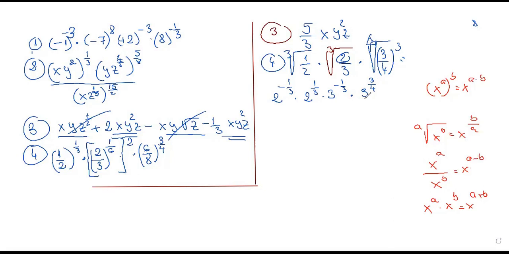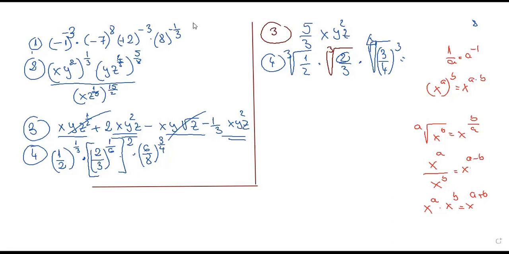Wait, how are you getting that? Just for example, the first one. I will take it aside. This is theory: 1 over a is a to the power of minus 1.